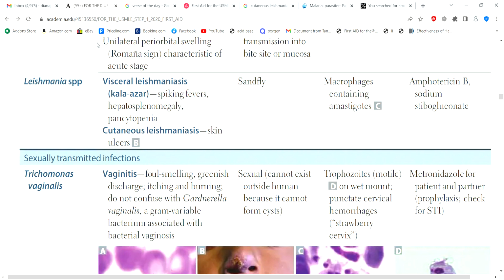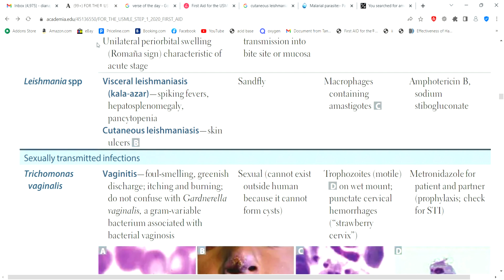Trophozoites are motile on wet mount, so they move on wet mount. They cause punctate cervical hemorrhages, which you see on the cervix. Wet mount is to observe motile organisms from the vaginal wall of the patient.